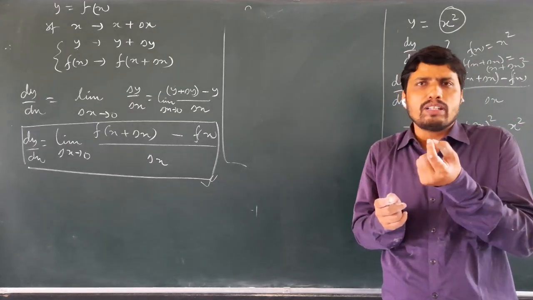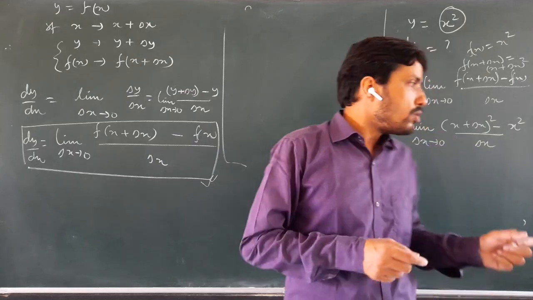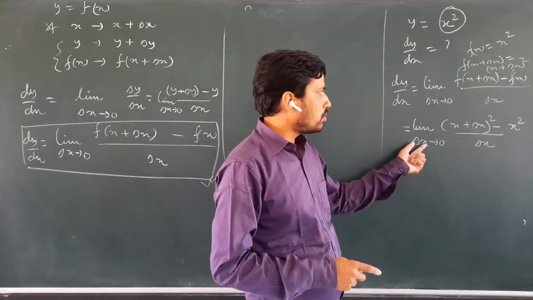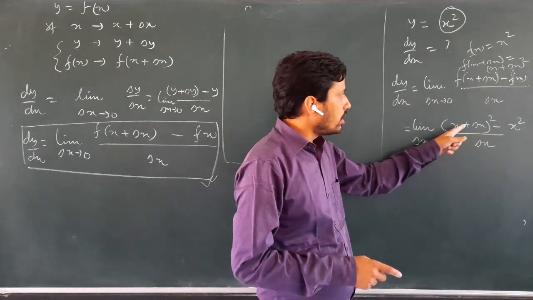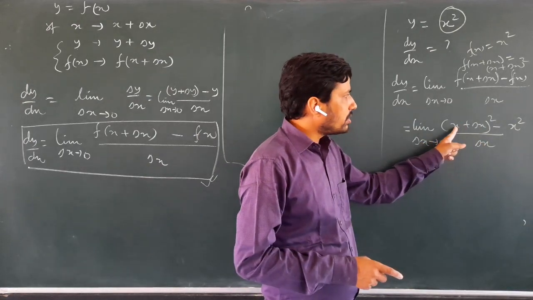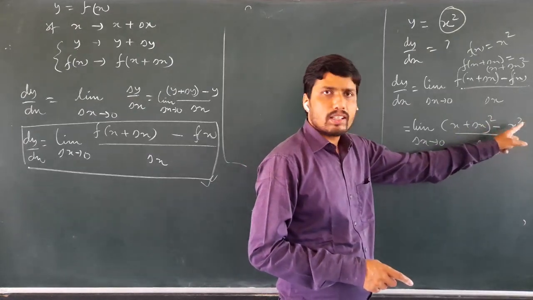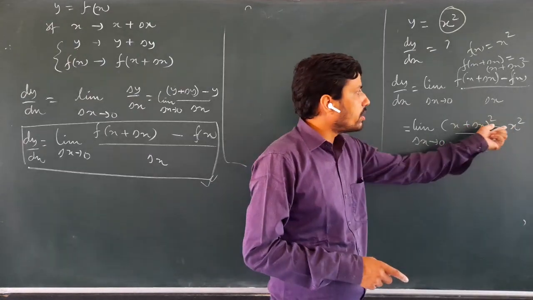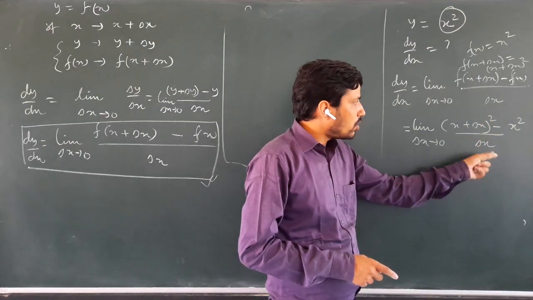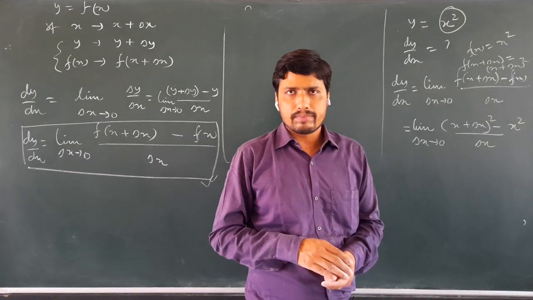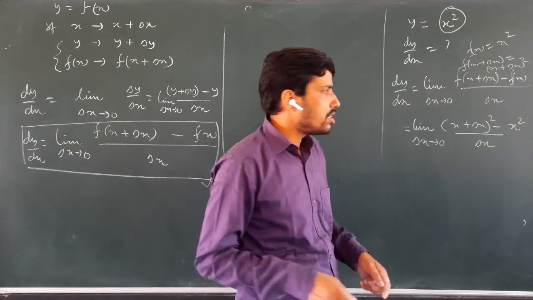It is very, very small. But don't put delta x is equal to 0 in the very beginning. If you try to put delta x is equal to 0 here, see what you will get. Delta x is 0, so this becomes x plus 0, that is x. x square minus x square cancels to 0. In numerator we'll have 0, and in denominator also we'll have delta x, which is 0. So it is 0 by 0 form. So we have to simplify it.